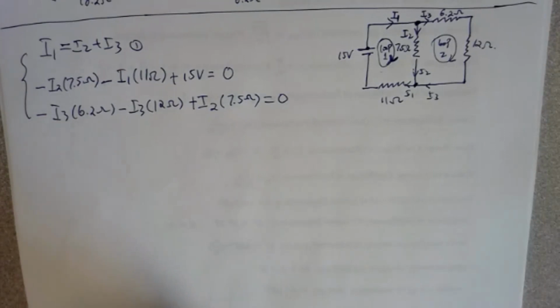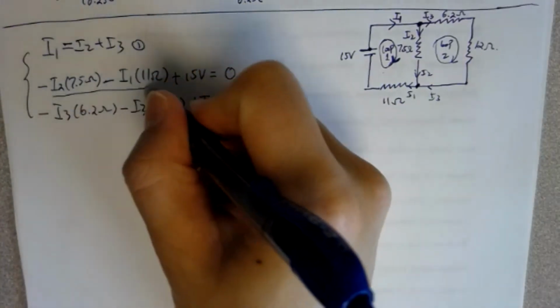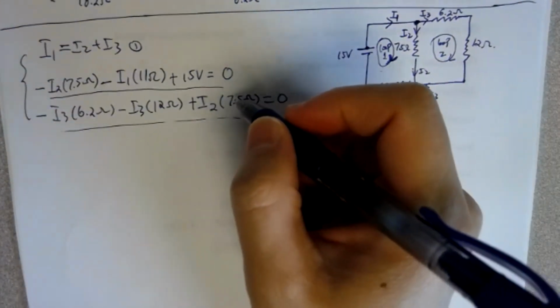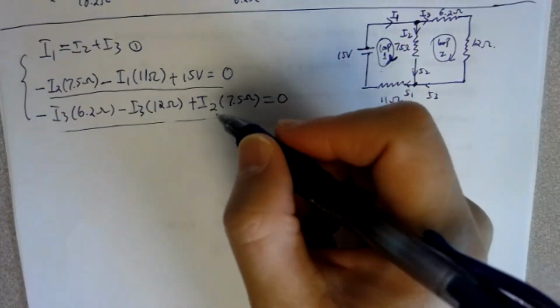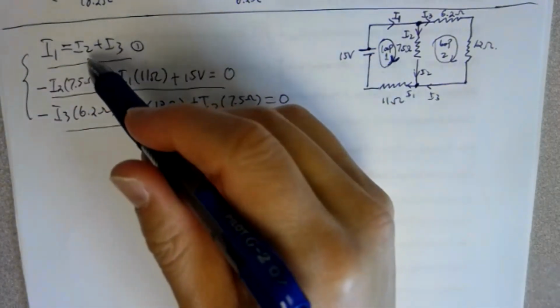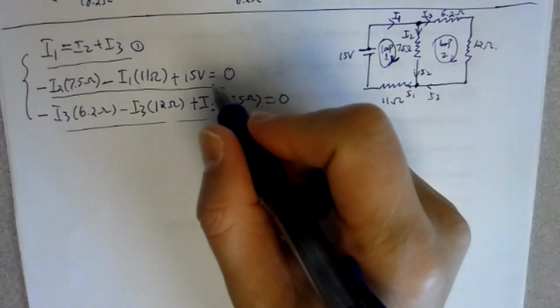The trick here is to look at the three equations first. This one has I2 and I1, and this one has I2 and I3. So if there's one unknown common to all the equations, in this case I2, you write the other two in terms of I2.